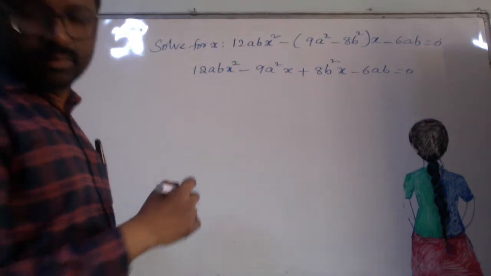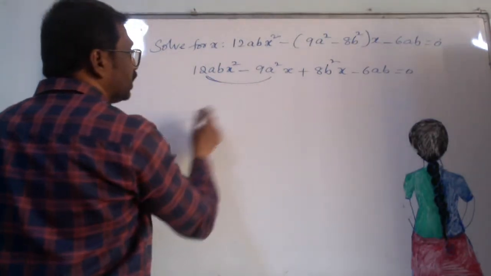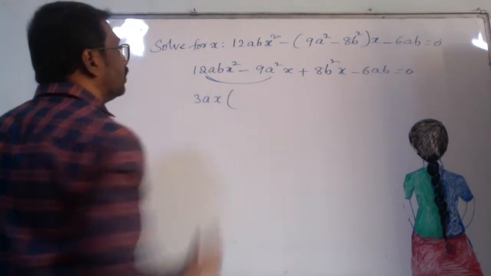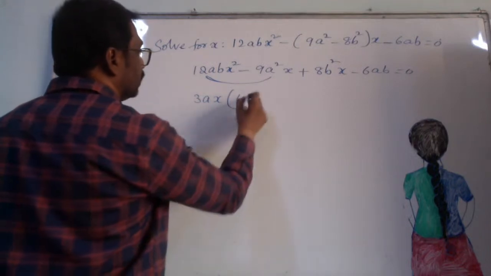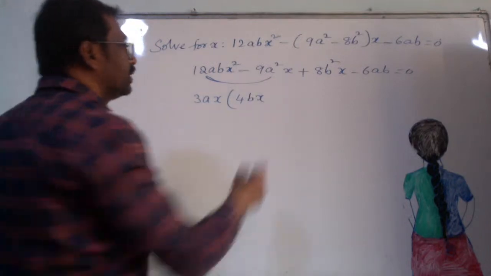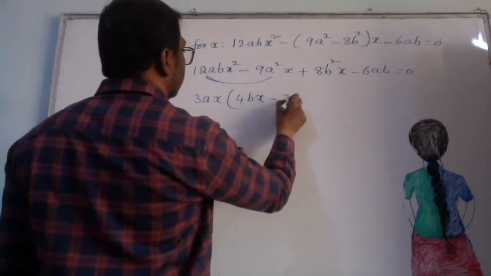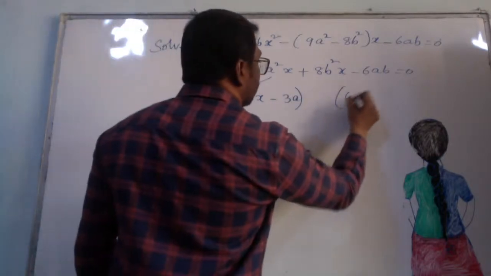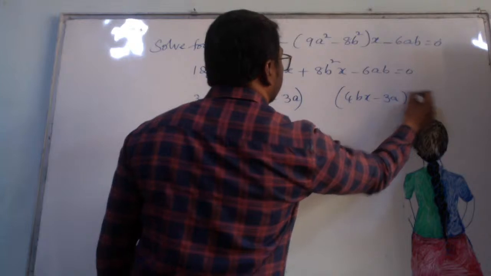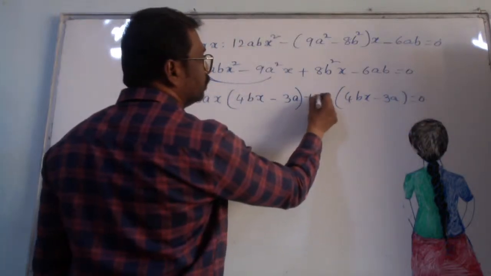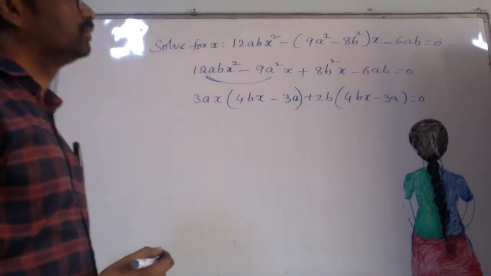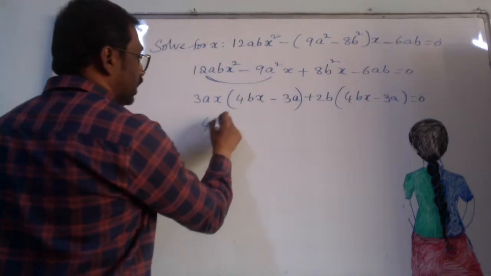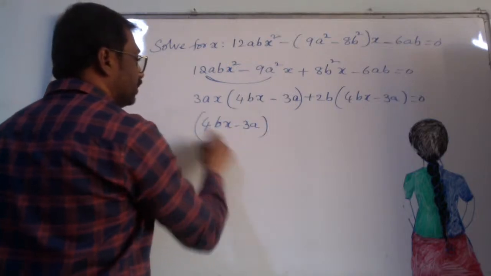Okay, so take common in these two. What is the common factor? 3a x is the common factor here. So 3 4s are 12, bx. So 4bx minus 3, right, 3a. Here also you can get the same factors, but here taking 2b as the common factor. Then 4b square x, so we can get 4bx minus 3a as a common factor.